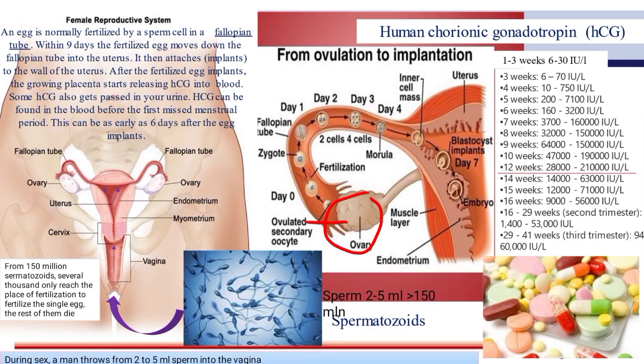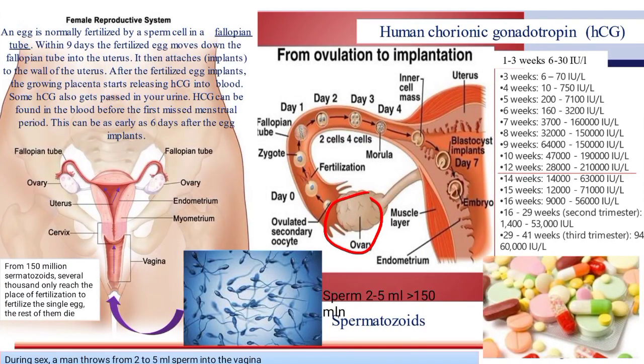During mating, a man produces 2 to 5 milliliters of semen, and from 150 million spermatozoa, only several thousand reach the place of fertilization to fertilize the single egg, and the rest of them will die.